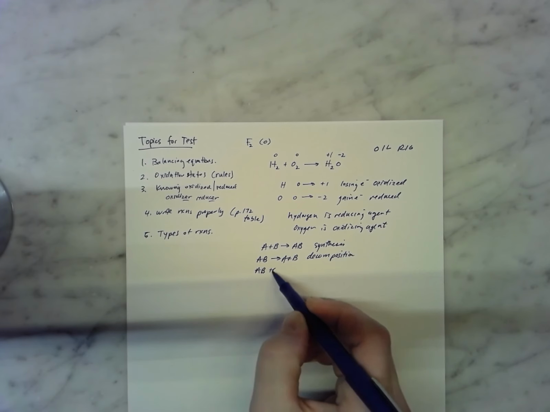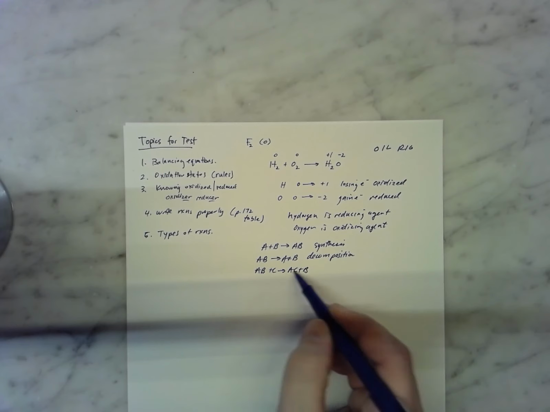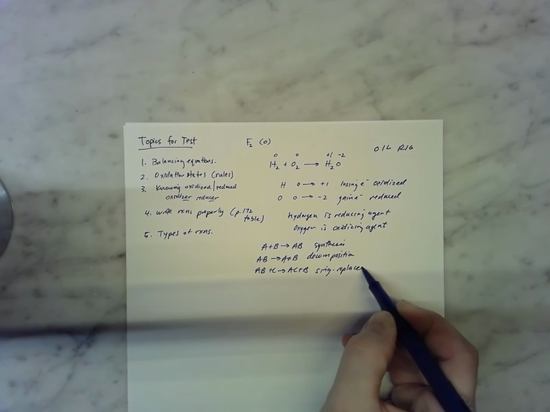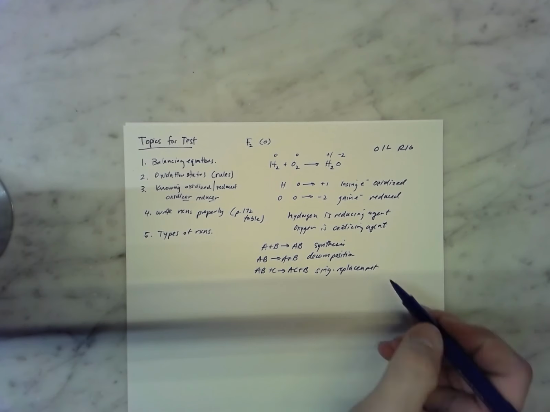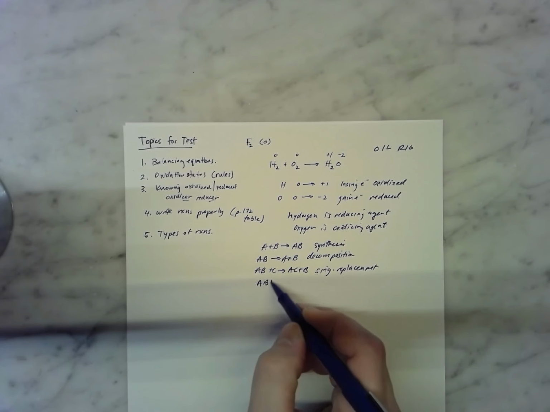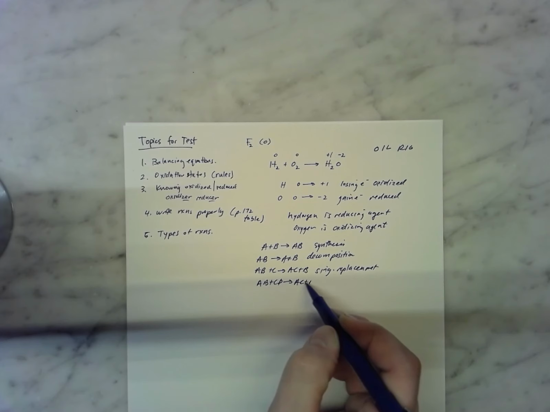AB plus C goes to AC plus B. One thing has been replaced, so that's single replacement. AB plus CD goes to AD plus CB.